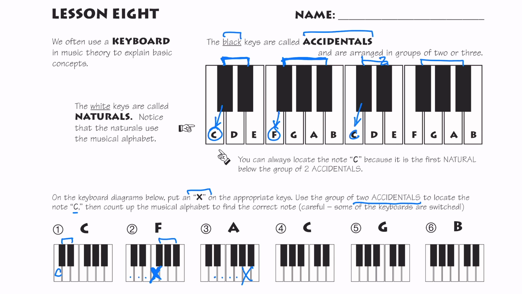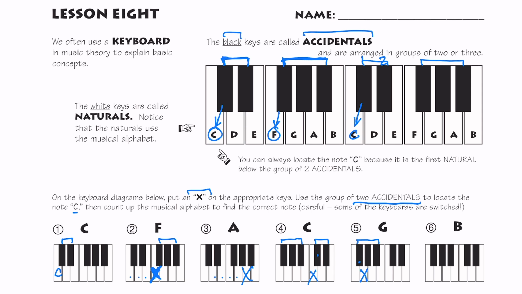C again. Oh, but look, I'm a tricky guy. I changed these around. So now 2 is up here, so my C is going to be there. Always got to check where your accidentals are. G. So remember, my home key below 3 accidentals is F, so G is easy to find.